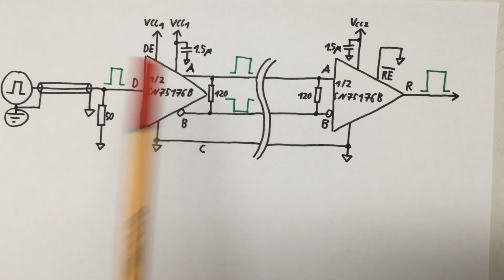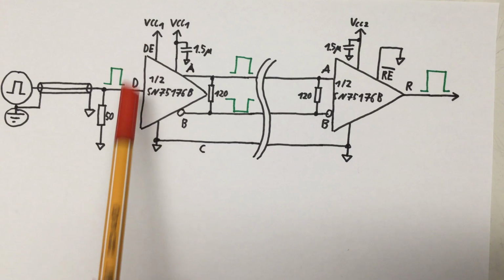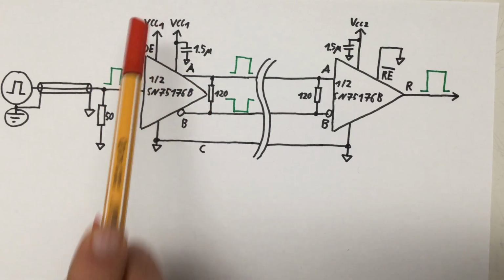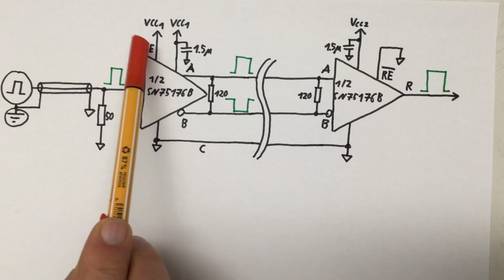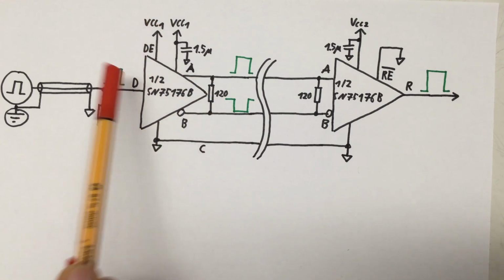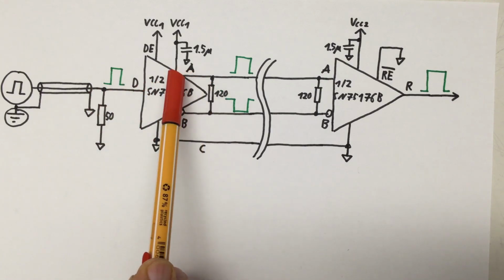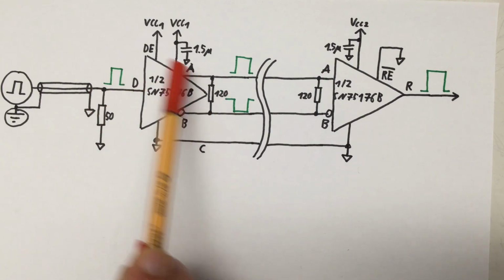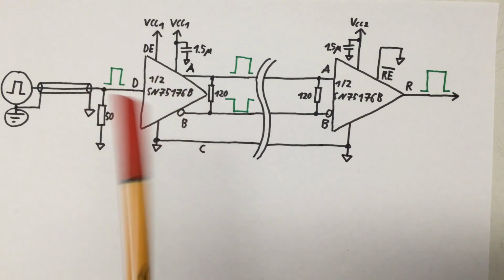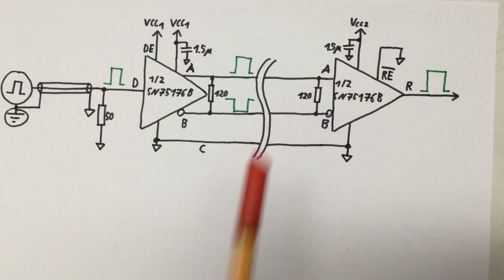Then we have 2 more pins left. First, the data enable pin of the transmitter. That has to be pulled high, that is to VCC, to enable the transmitter. If you pull that low to ground, the transmitter is disabled and the A and B pins of the transmitter go to high impedance. That is, they isolate the transmitter from the transmission line.